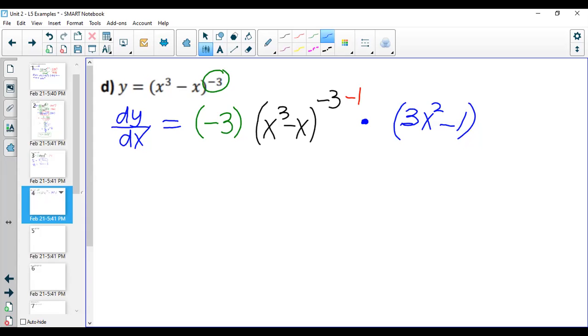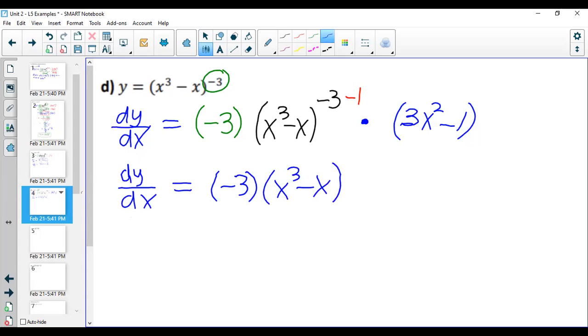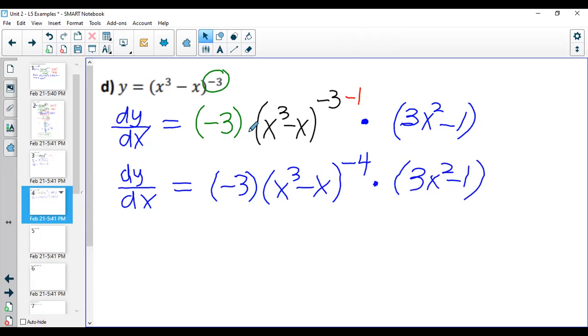Okay, now right away when you're dealing with negative powers, I want to write the whole question, simplifying all powers first. So negative 3 times x cubed minus x to the power of negative 4 times 3x squared minus 1. Now I'm going to put a box around this power of negative 4.